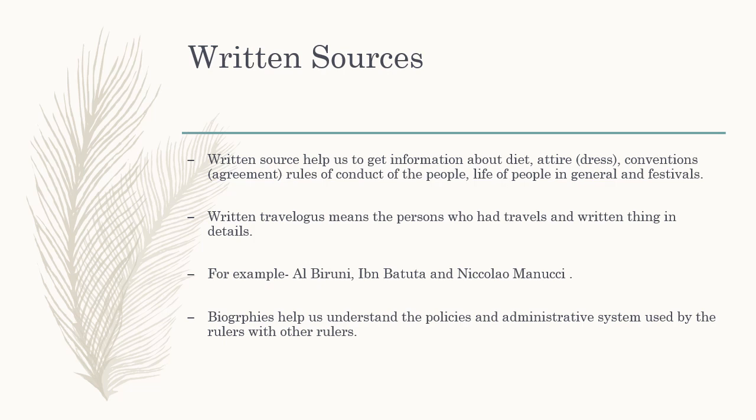Then rules of conduct of people, that means they had some norms to be followed. You cannot be independent. When we are living in a society or in a group, we have to follow something. So these things were written for whom? For the people to understand.